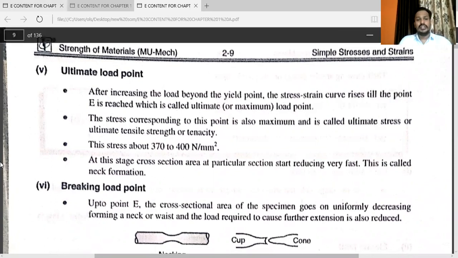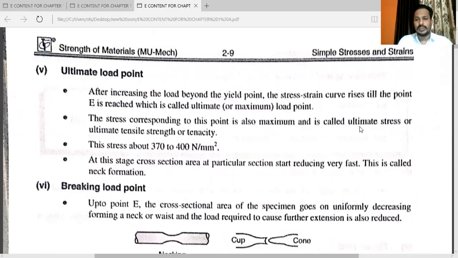The stress corresponding to this point is also maximum and is called ultimate stress or ultimate tensile strength or tenacity. This stress is about 370 to 400 Newton per mm square. At this stage, the cross-sectional area at a particular section starts reducing fast. This is called neck formation.